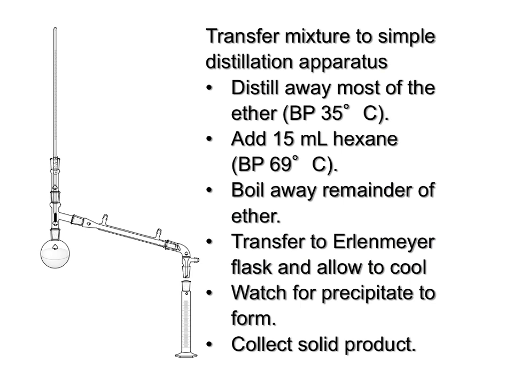At this stage, we will set up a simple distillation apparatus, right? We don't need a fractionating column. The boiling point of ether and hexane are enough different that a single theoretical plate in a simple distillation apparatus is sufficient. You will probably want to cool whatever container you're catching the distillate in, right?